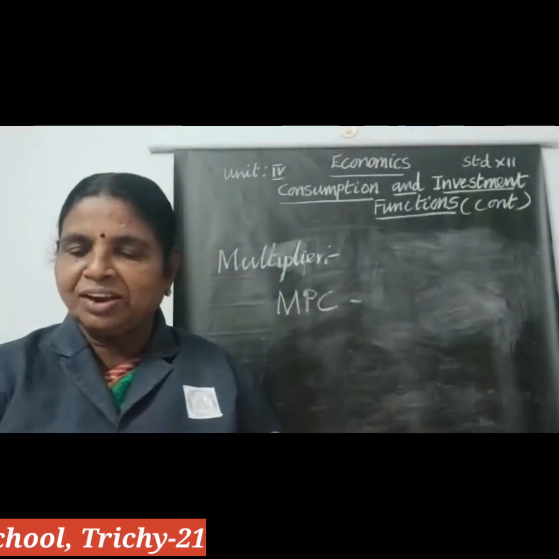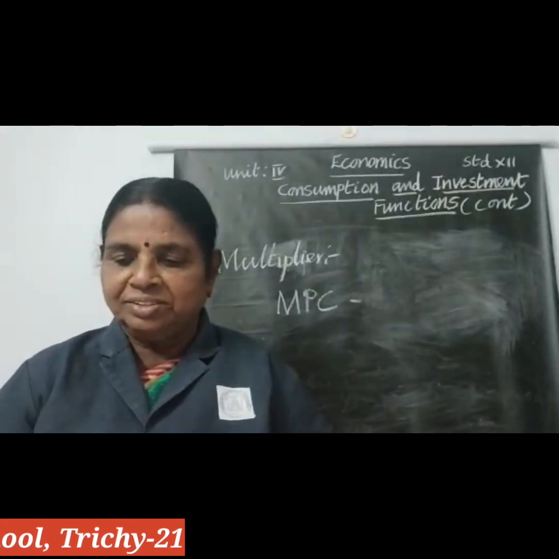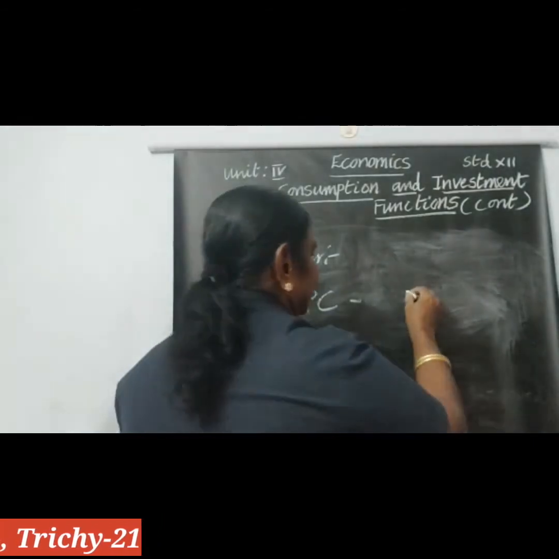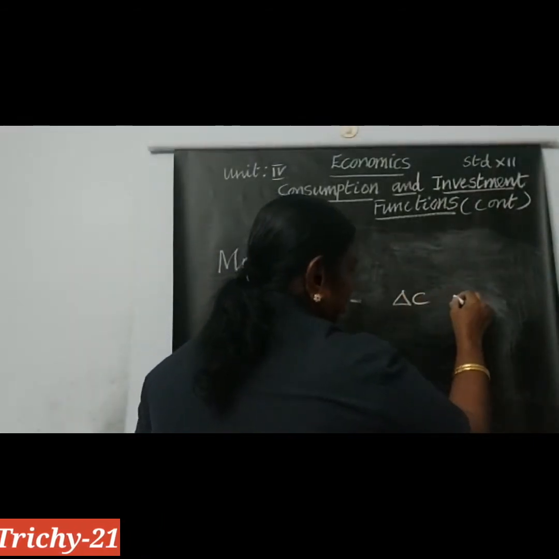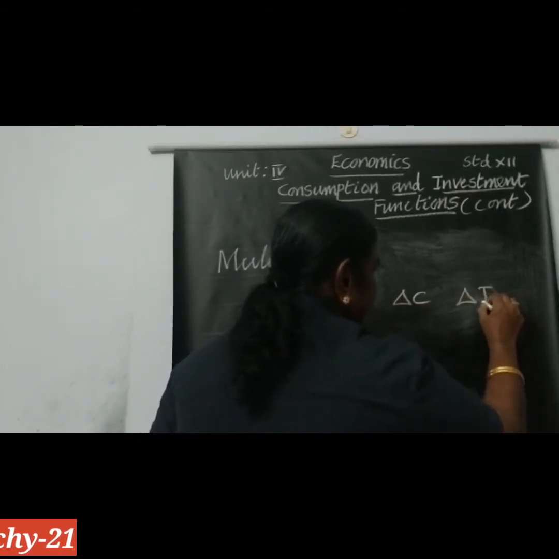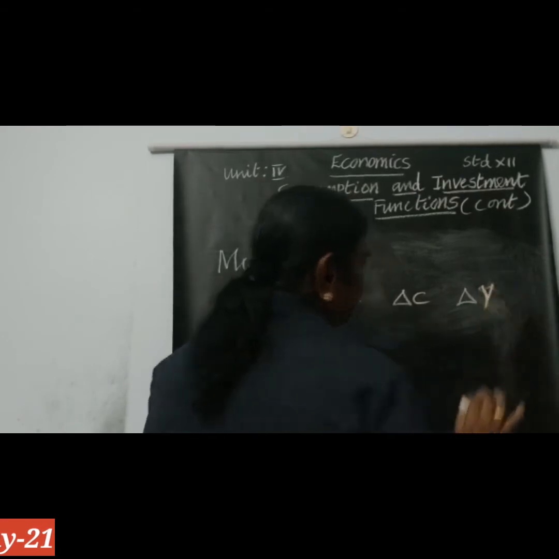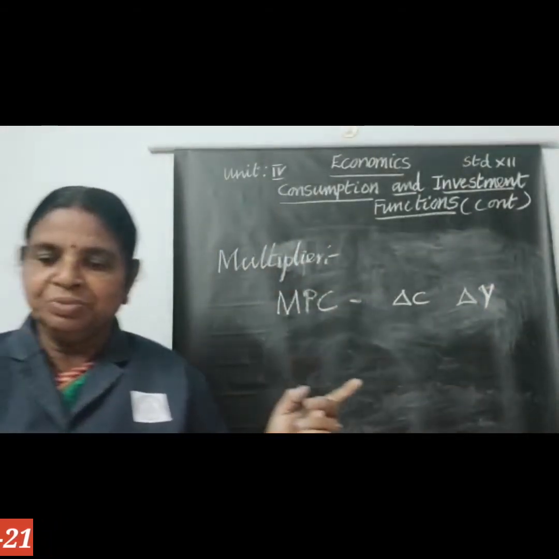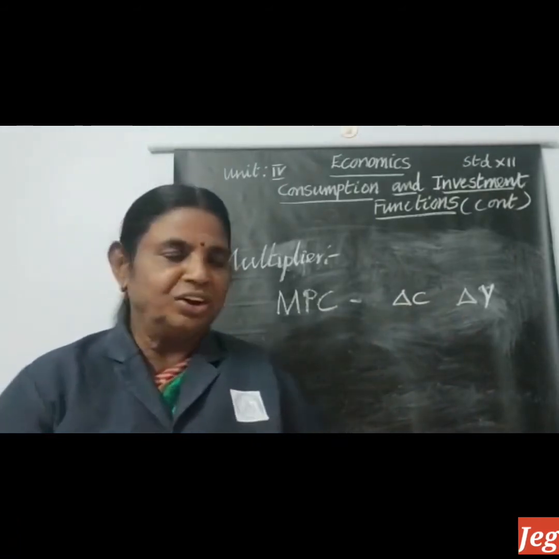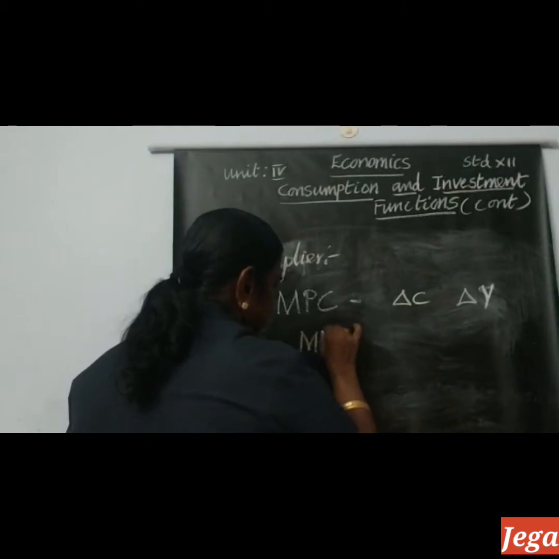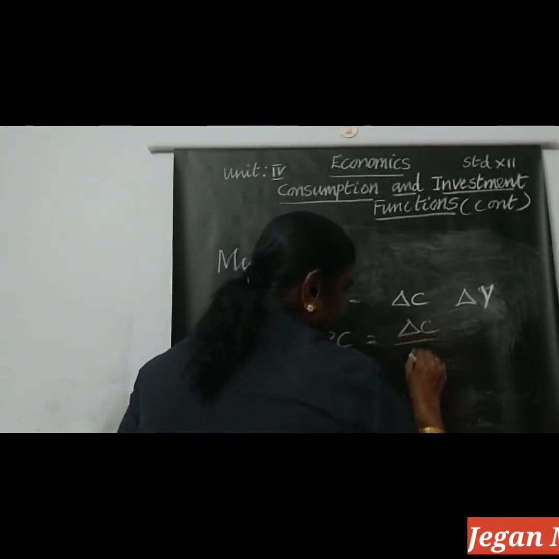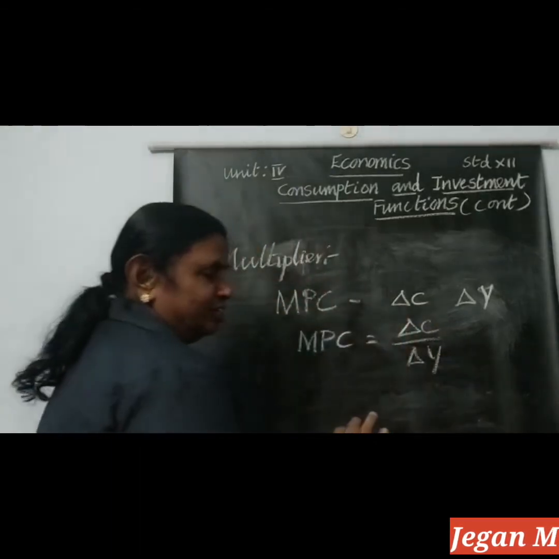MPC refers to the relation between change in consumption and change in income, that is change in Y. So symbolically, MPC is equal to change in consumption divided by change in income. You have to remember that.